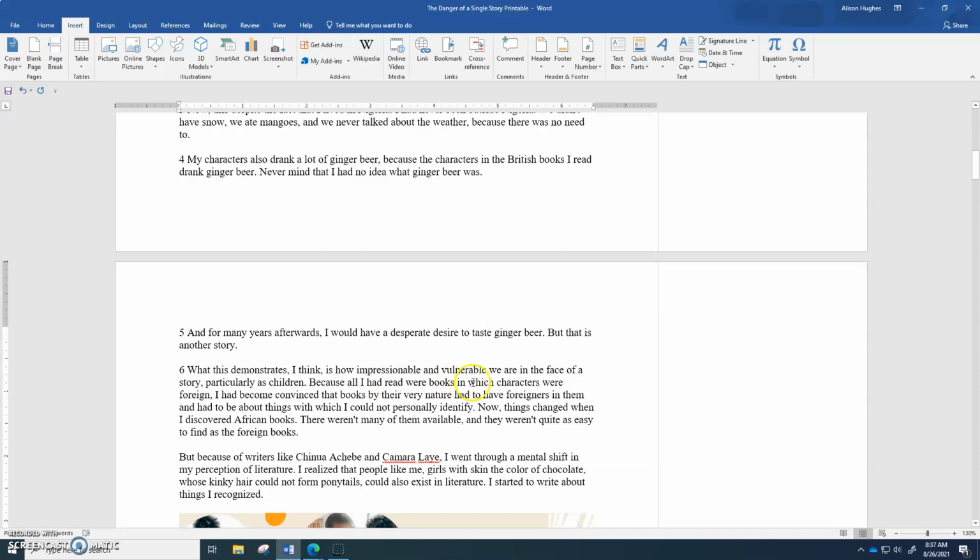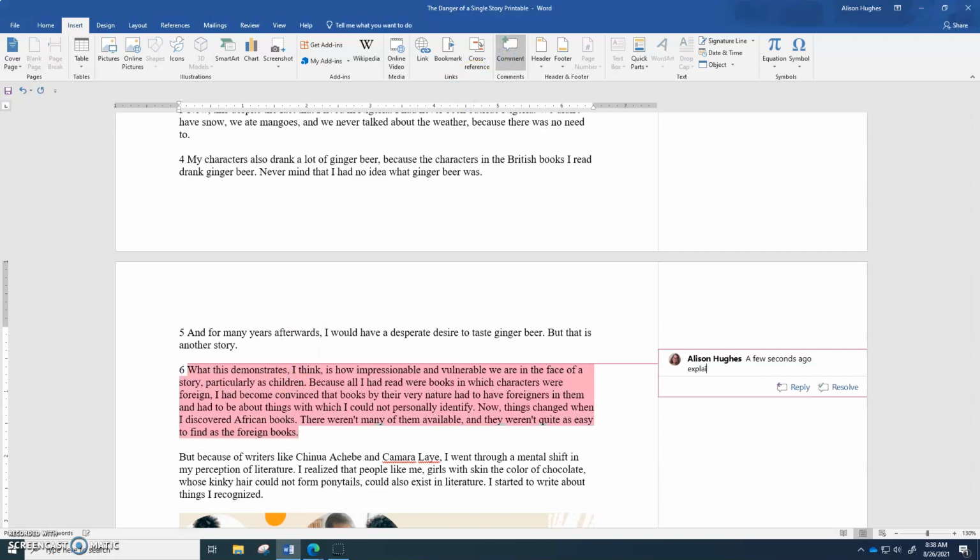Because all I had read were books in which the characters were foreign, I had become convinced that books, by their very nature, had to have foreigners in them and had to be about things with which I could not personally identify. Now things changed when I discovered African books. There weren't many of them available, and they weren't quite as easy to find as the foreign books." So here, she explains the point of her little story.